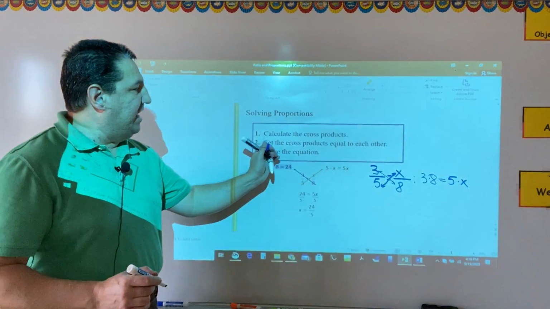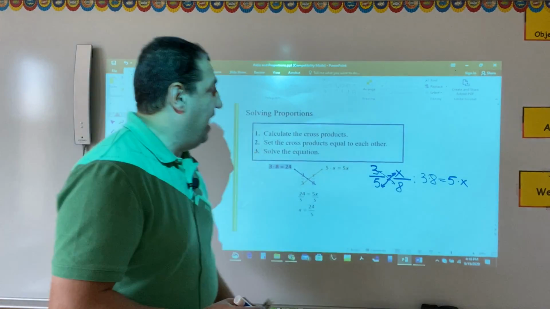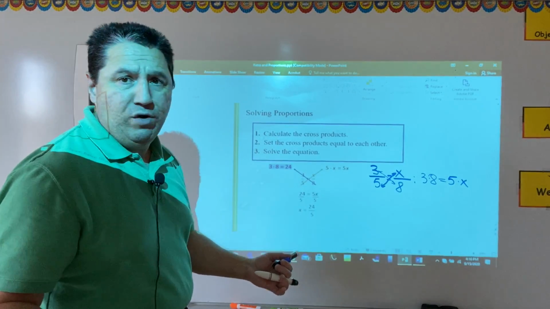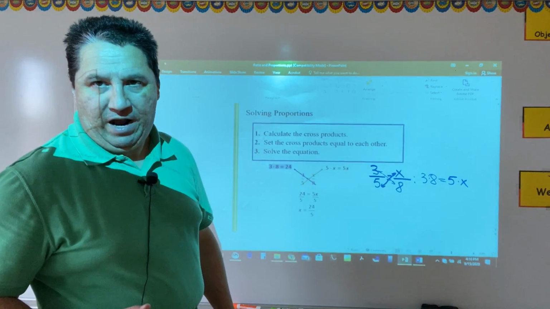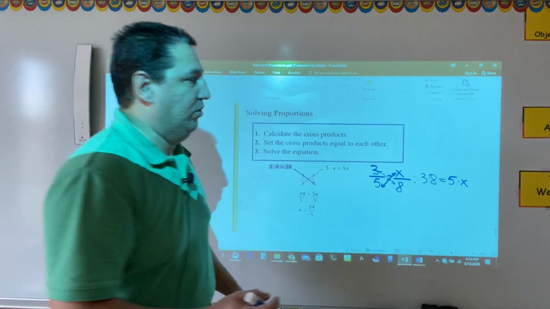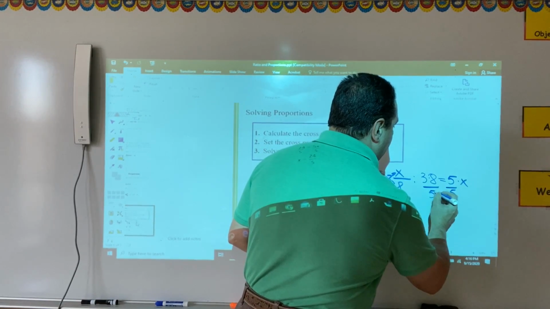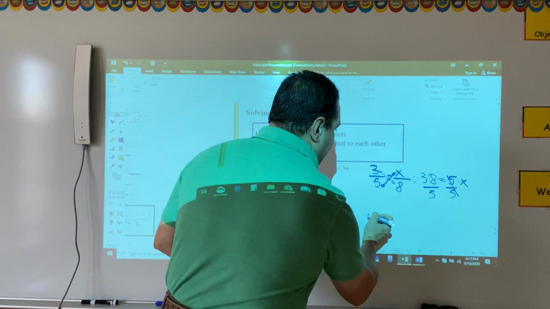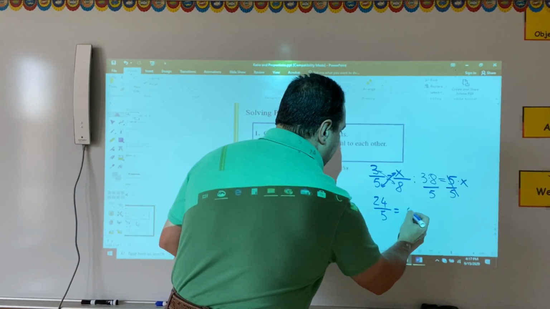Next step, we set the cross products equal to each other, as we did here. And the third step is to solve the equation. How do we solve the equation? We get rid of 5, because solving for x means getting x alone. So we divide both sides by 5, and we get 3 times 8, which is 24, over 5 equals x.